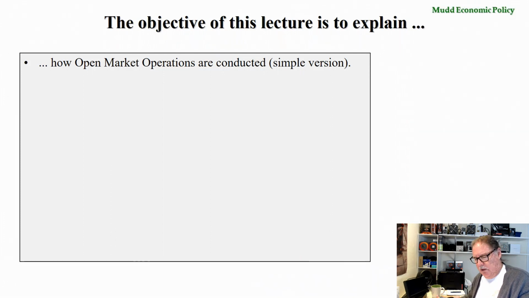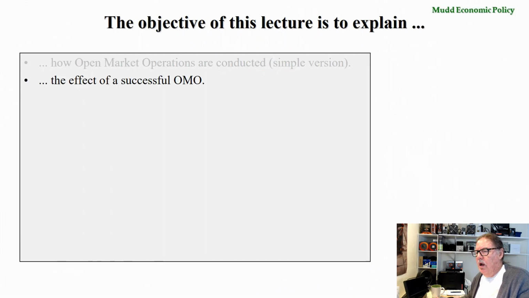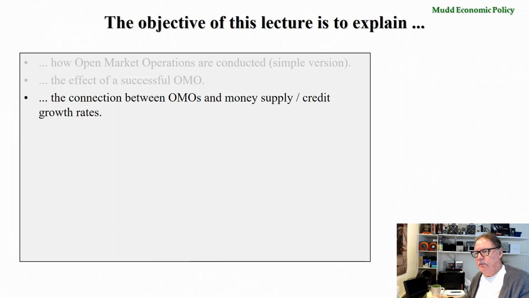When we get to it, I'll explain what I mean by simple. We're going to describe the immediate effects of a successful open market operation, and you'll find that interesting. We're going to then draw the connection between open market operations and the money and credit supply growth rates, because those are at least candidate target variables, you may recall from part 1.